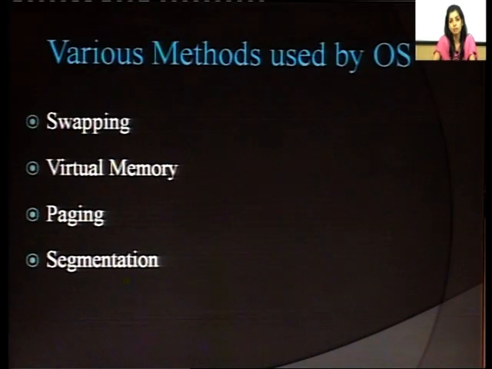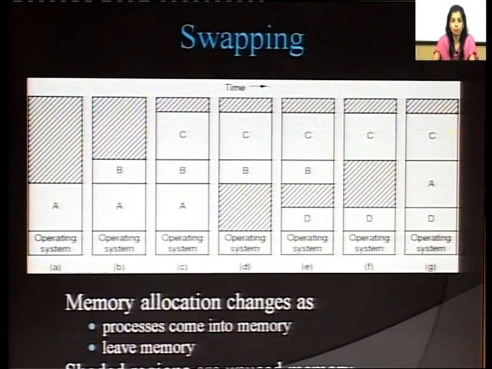There are various methods used by the operating system: swapping, virtual memory, paging and segmentation. Swapping means swapping pages in the main memory. If we have 10 pages in memory and an 11th page is requested, what can we do?